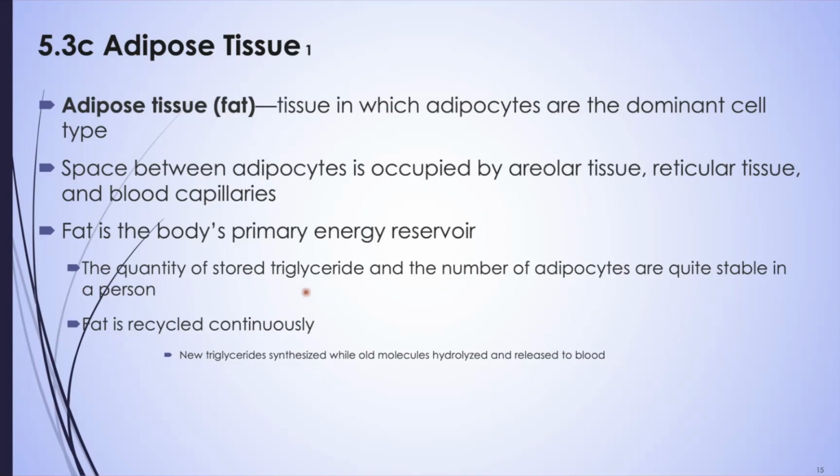So the amount of triglycerides and the number of adipocytes are actually stable in a person. Which means, you're like, I keep gaining weight. Well, here's the deal. Your number of adipocytes is fairly stable, okay?